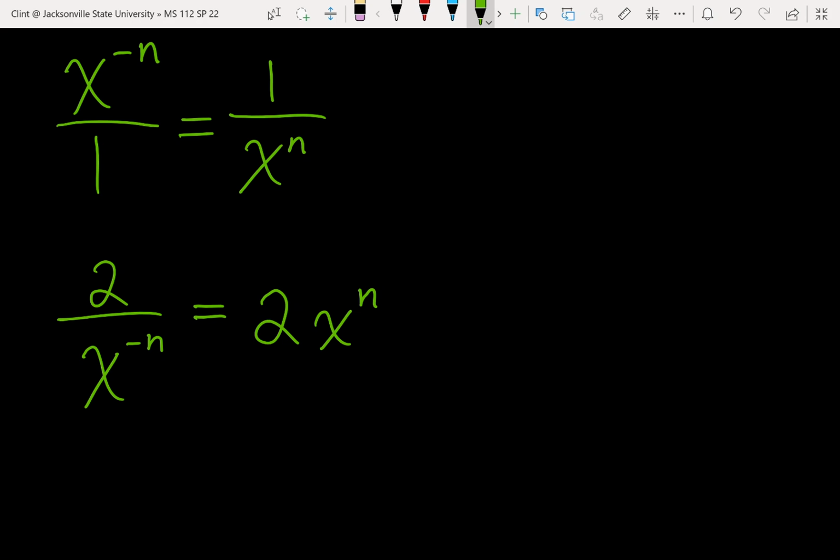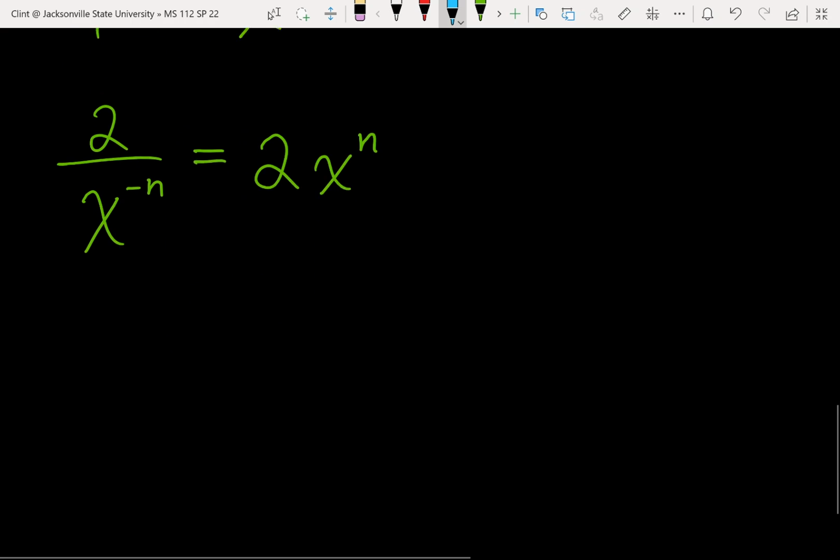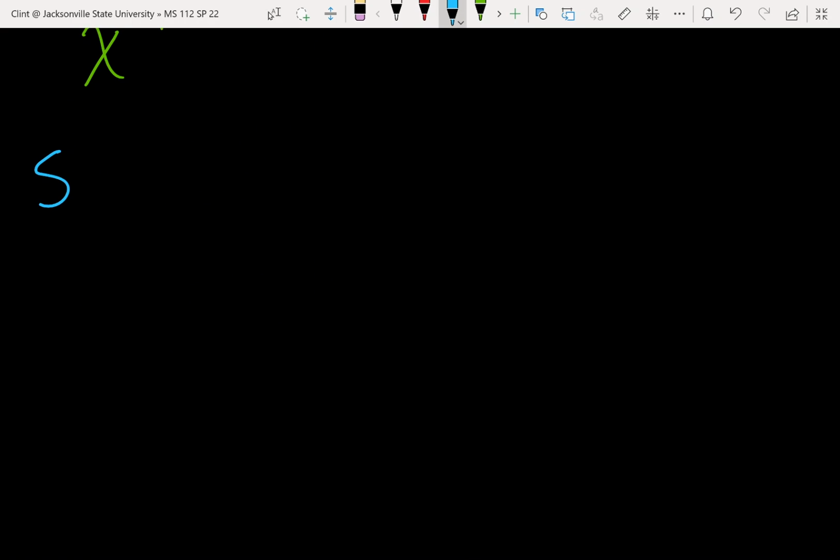Okay, let's see if we can put some of these together. See if we can simplify some expressions. Let's simplify.